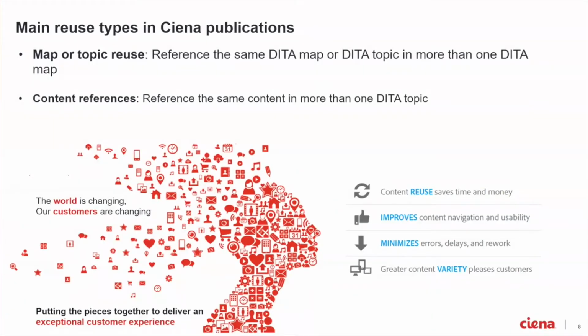We primarily implement data map and topic level reuse, but we do also implement content references or conrefs to a lesser extent. We author in FrameMaker, and because we were storing our content on a system that was not data aware, dependencies were not automatically tracked and downloaded locally to the FrameMaker workspace.